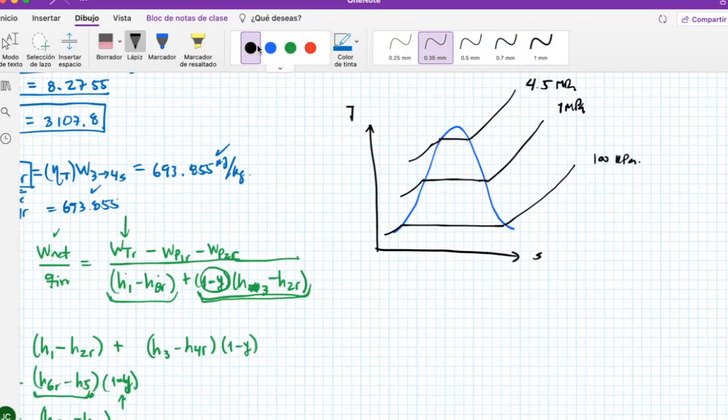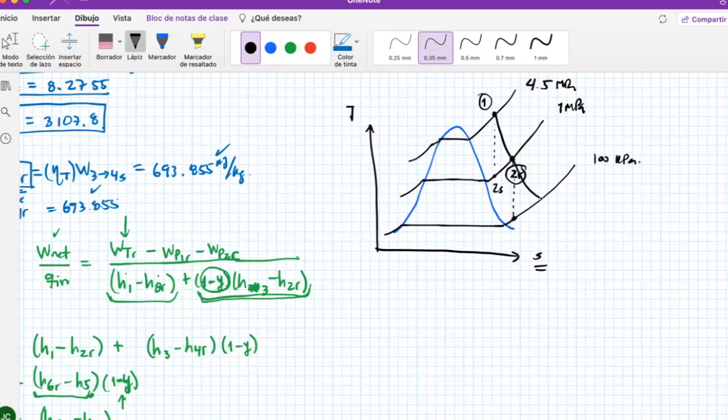At the outlet of my steam generator, I am around here. This is 1. This one over here could be 2S because that would be my isentropic part, and since entropy is constant, it would be a vertical line. But since I'm doing things in the real case, this is going to be 2R. After 2R, I could be doing things like this if this was isentropic, but I'm not doing that.